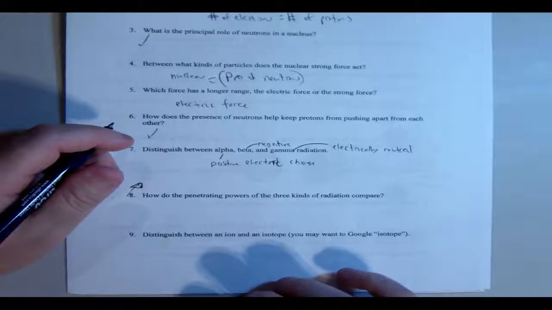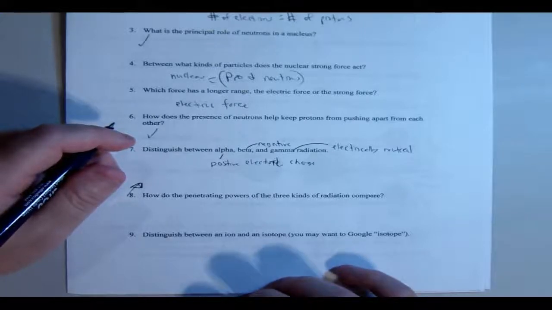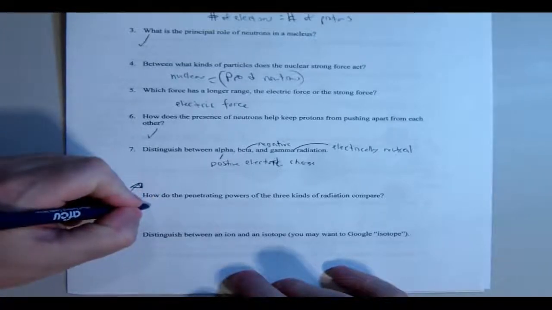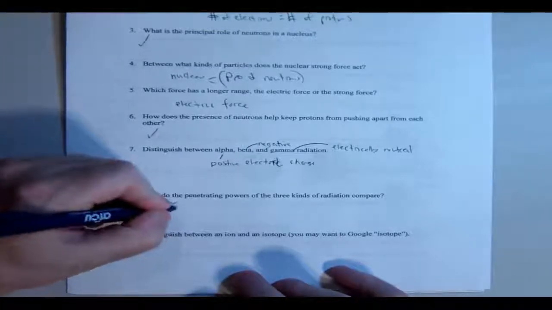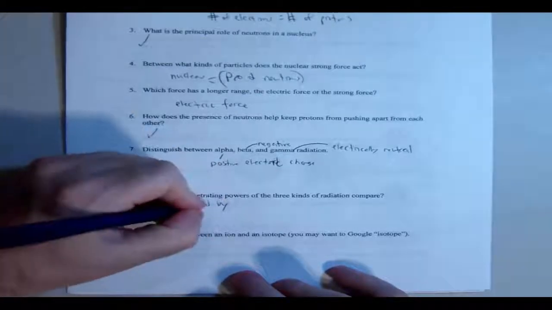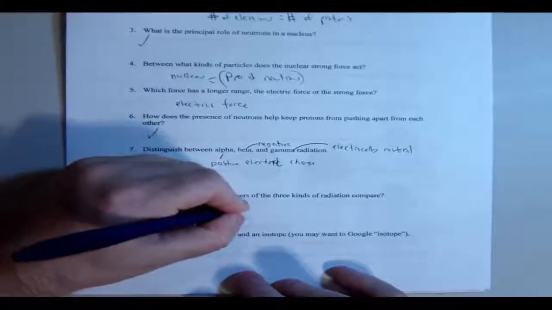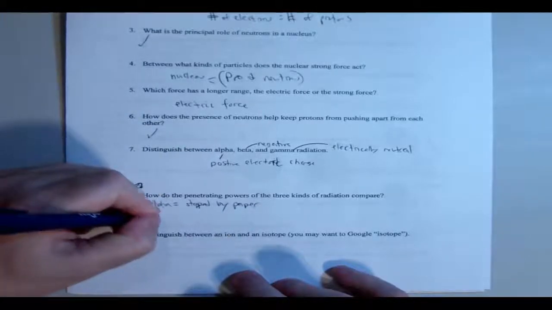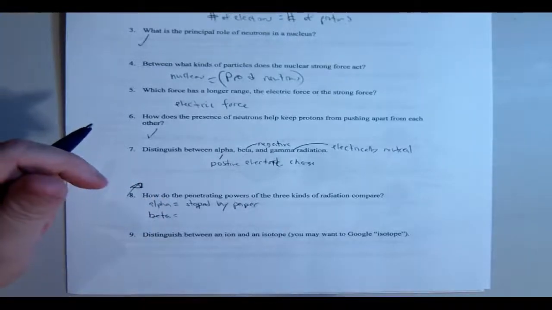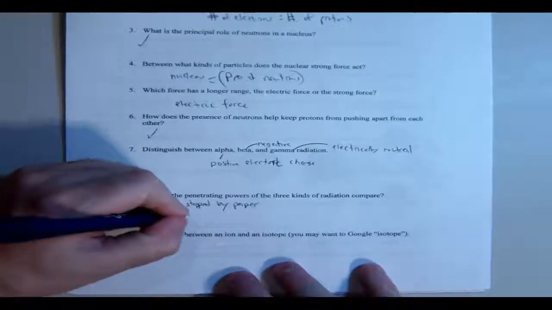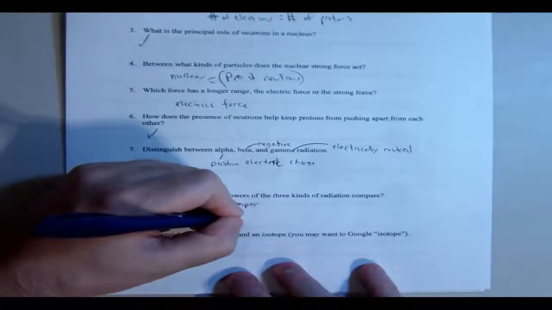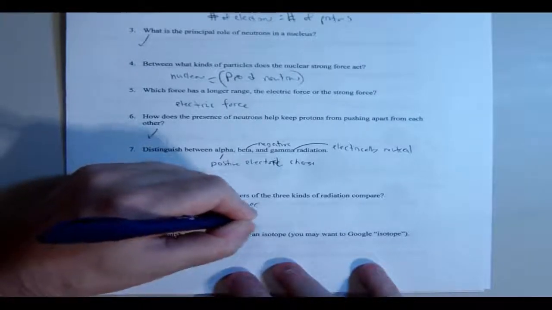Alpha can be stopped easily by a piece of paper. So alpha has the least penetrating power. Alpha is stopped by paper, pretty easily, right? Beta can be stopped by several sheets of foil, right? A few sheets of foil, several sheets of foil.